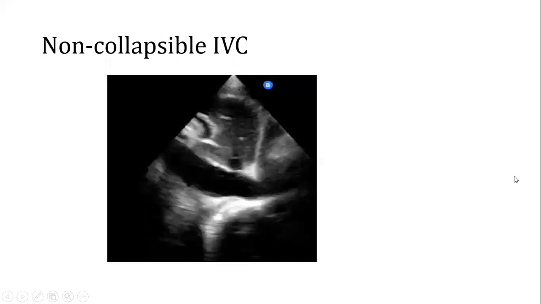So that pulmonary edema and the pleural effusion took us to do further evaluation. Now, we went for the IVC.